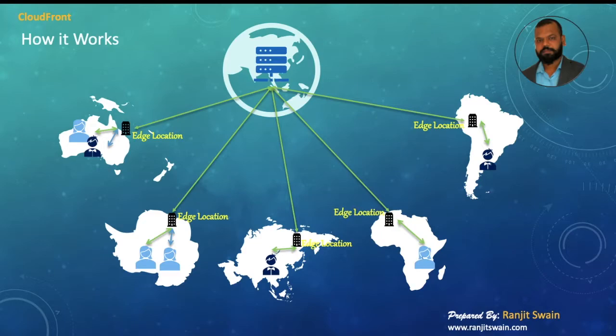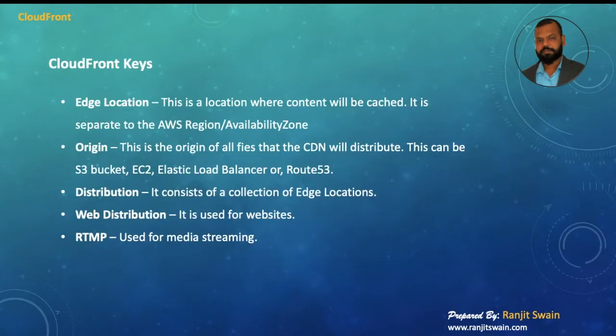So we'll see some key terminology of this CDN. First, edge location. This is a location where content will be cached. As I said before, all the content that the user tries to get from the server will be cached in the nearest edge location.